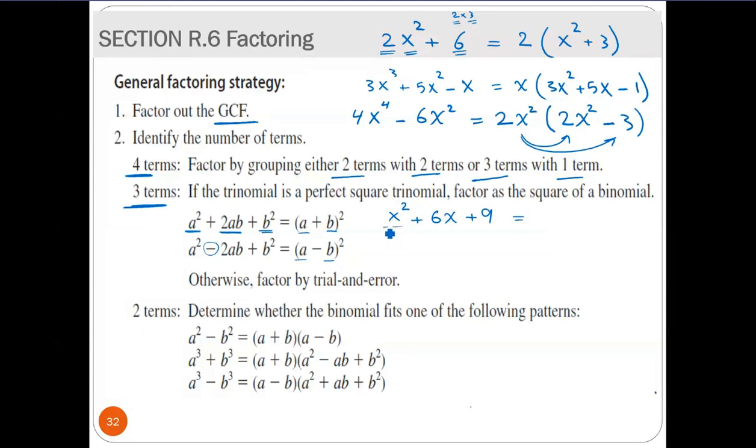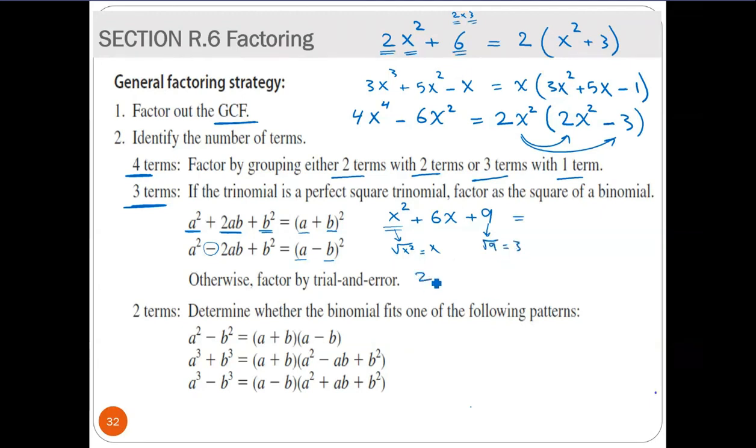The radical of x squared equals what? Equals x. The radical of 9 equals what? 3. So the radical of x squared equals x, the radical of 9 equals 3.